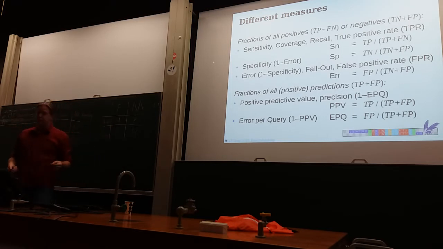Sensitivity, also known as coverage, recall, true positive rate, is the amount of true positives divided by the total amount of positives. So TP divided by, moving over here, sensitivity is true positives divided by true positives plus false negatives.